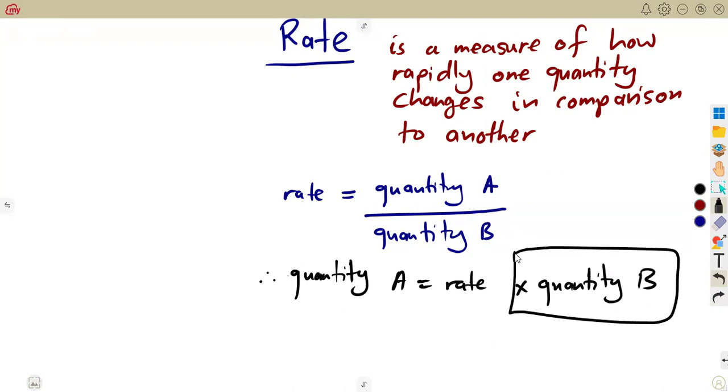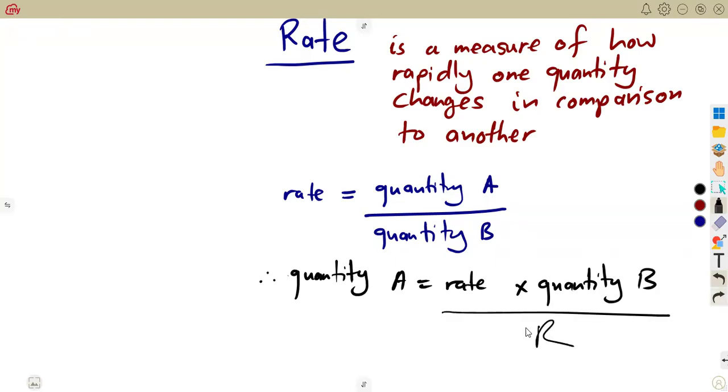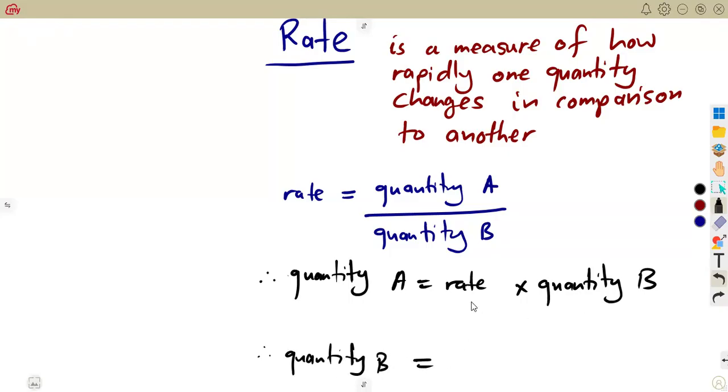What are you going to do? You have to remove this rate here, so you divide by the rate. So quantity B is going to be quantity A over the rate.